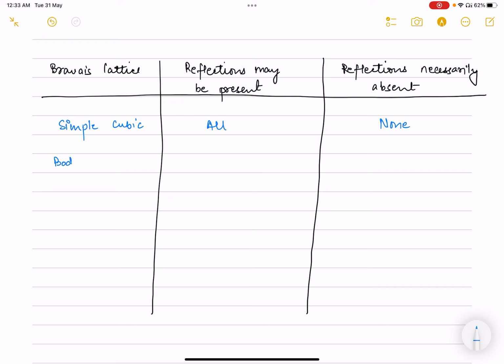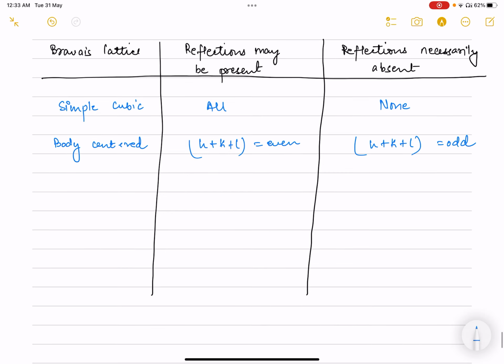Then we have body centered. Here H plus K plus L equal to even can be present, and H plus K plus L equal to odd is necessarily absent. Then we have face centered cubic.